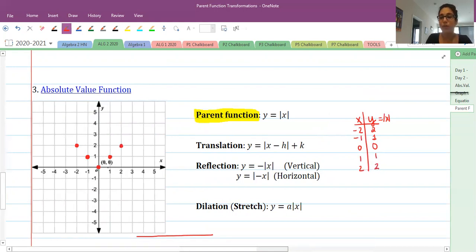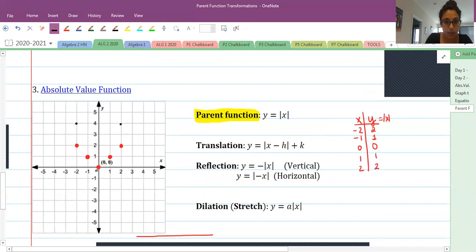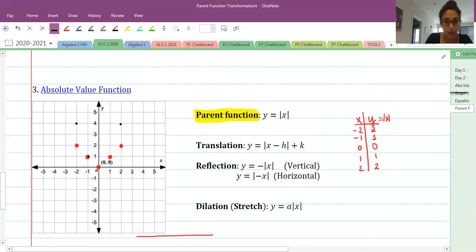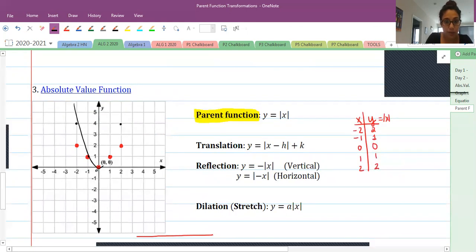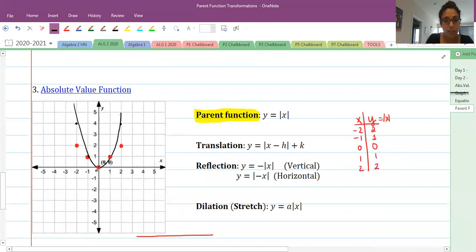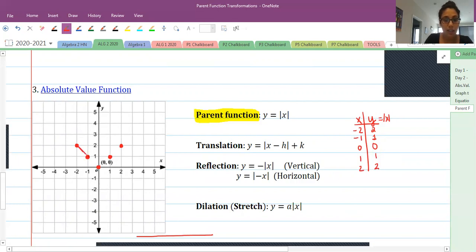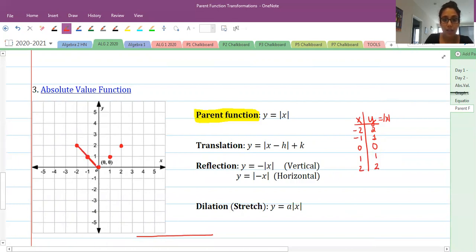Now, what's the difference between this and a parabola, which went through 2, 4? A parabola curved up, whereas this absolute value function is a little bit more rigid, where it looks like a V.